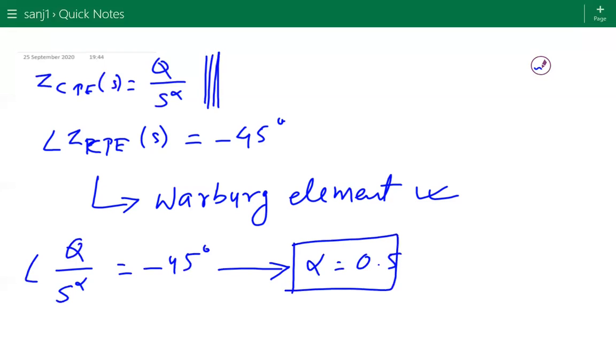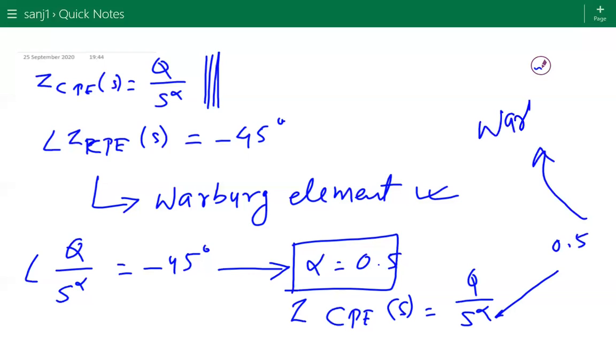So in the constant phase element ZCPE equal to Q upon S to the power alpha, when this value is 0.5 or half, it becomes a Warburg element. Mathematically I am saying, but if we go to the physical aspect, you may find some differences there. Before going to that, we will take another conclusion from there.